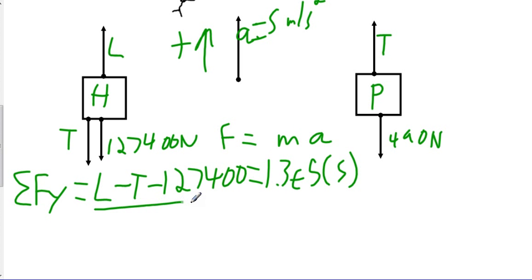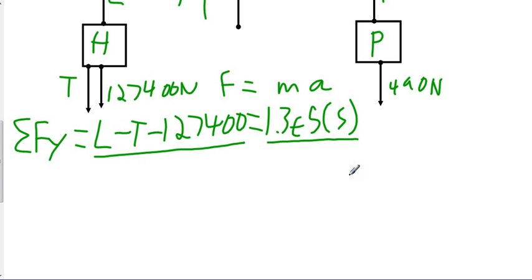This is the sum of the forces. That's going to be equal to the mass times acceleration. And so we can start working out this numerically a little bit to get as far as we can. And so L minus T minus 127,400 is equal to, and this should be 650,000.